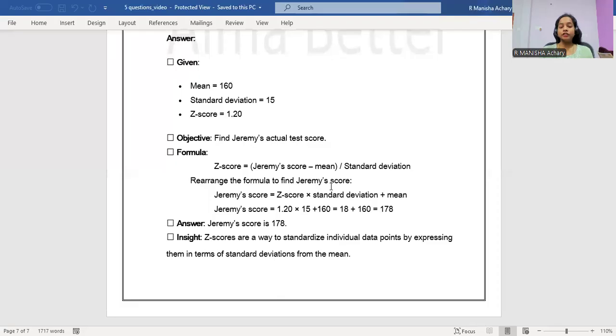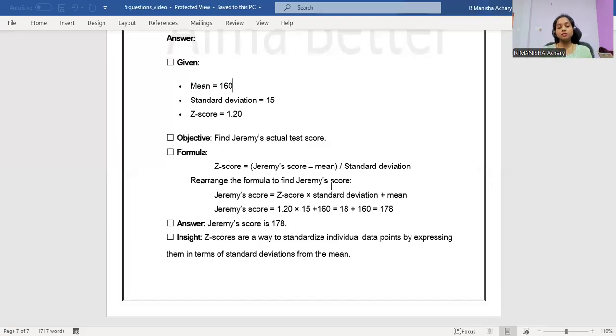The formula of the Z-score is Jeremy's score minus mean, divided by standard deviation. If we rearrange the formula to find Jeremy's actual score, we get: Jeremy's score equals Z-score times standard deviation plus mean.